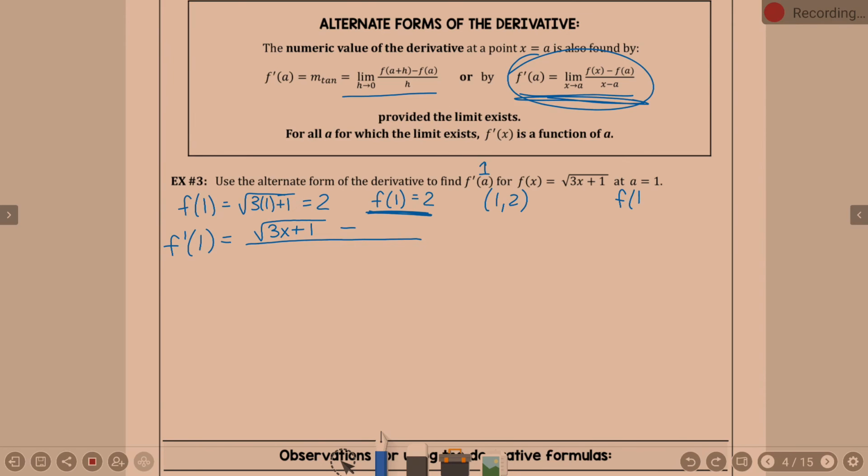Because f of a is f of 1, which is 2, all over x minus a, and a is 1.